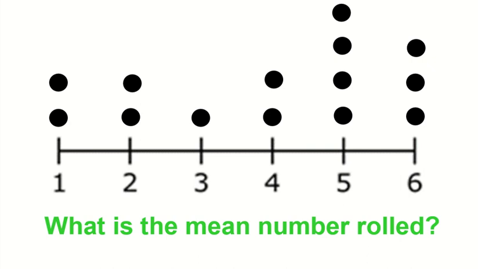All right, you add up all of the dots, or the value for each dot. So that'd be 1 plus 1 plus 2 plus 2 plus 3 plus 4 plus 4. We get the idea. When you add them all up, you got 55, right? Then you divide by the number of items, or in this case, the number of dots.